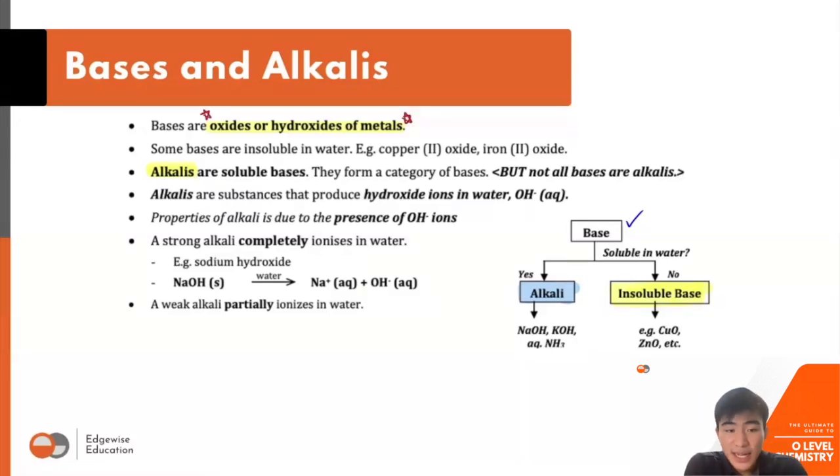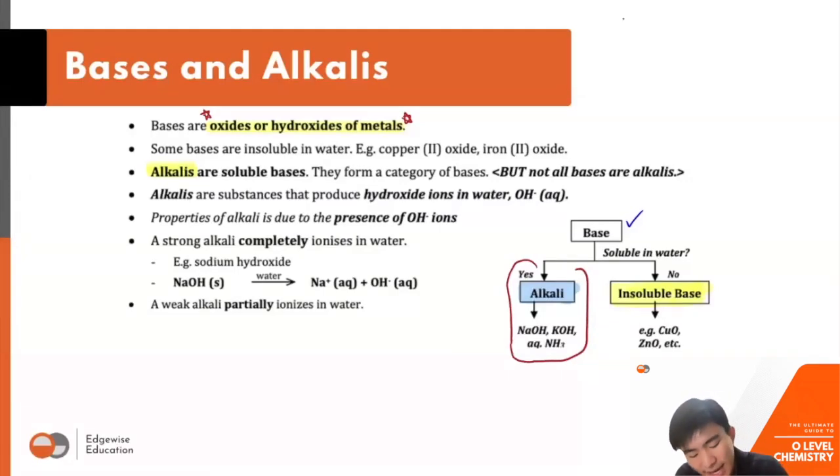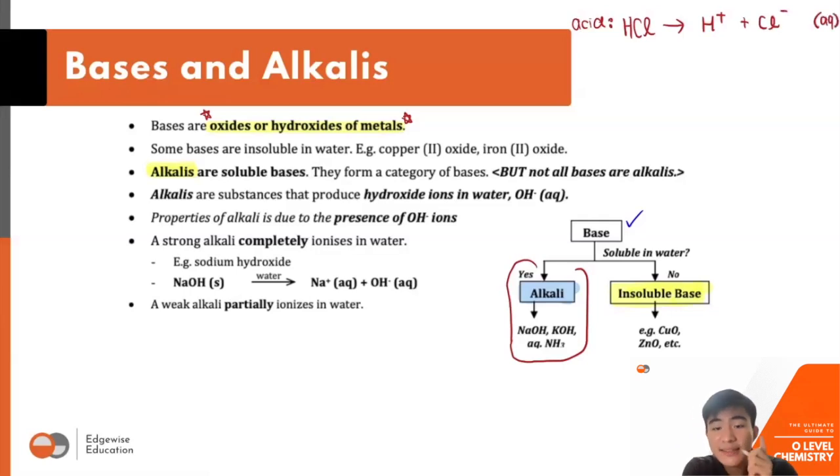Now, the next thing for us to understand is what are these soluble bases actually about? What is this alkali? Just now we learned about acid. Acid is, for example, HCl. It will dissolve to give you H plus and Cl minus. This happens in solution in water. This same principle will apply for base.